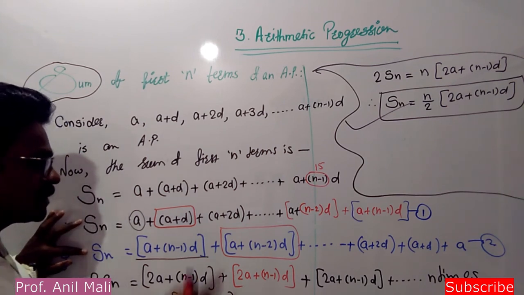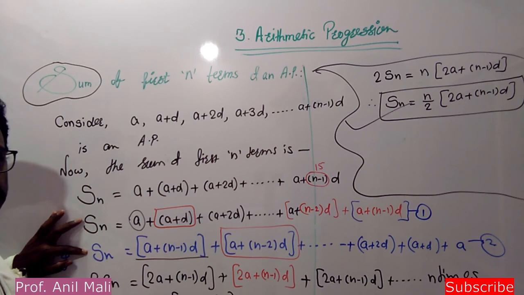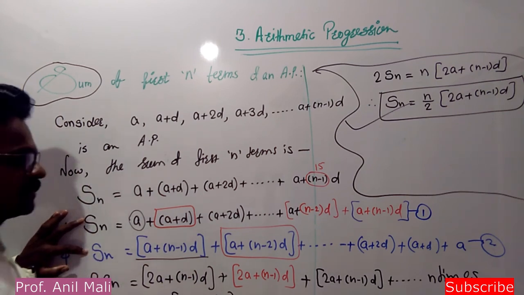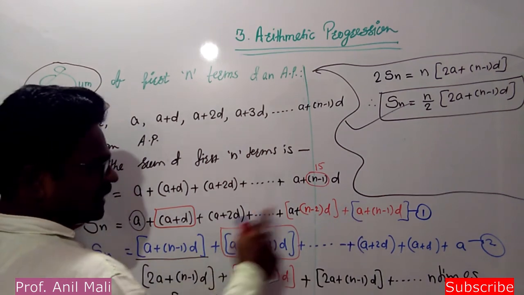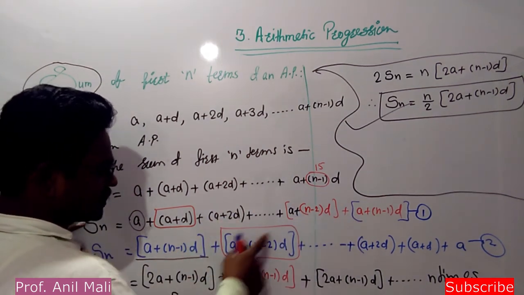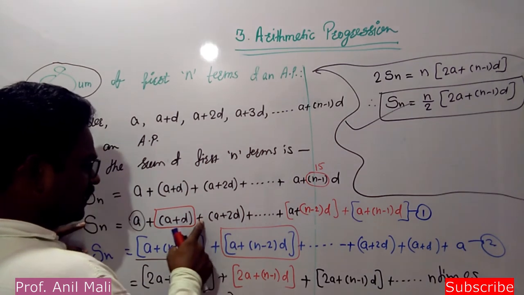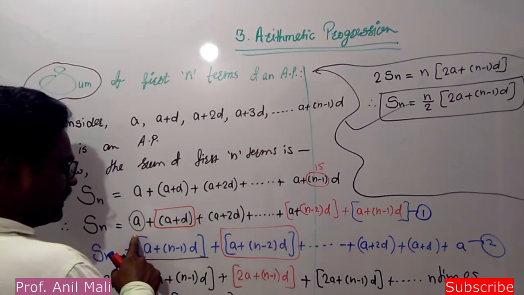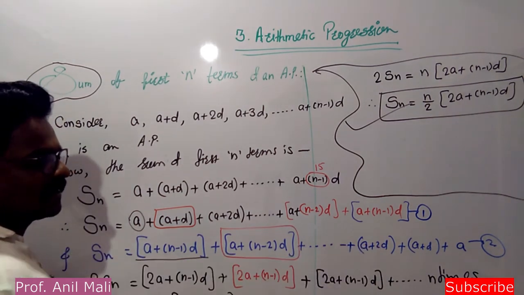For the next step, you just reverse all the terms. Your step is the same, but you have reversed all the terms. The last term will be your first term, the second last will be your second term, the third last will be your third term, and the first term will be the last one.